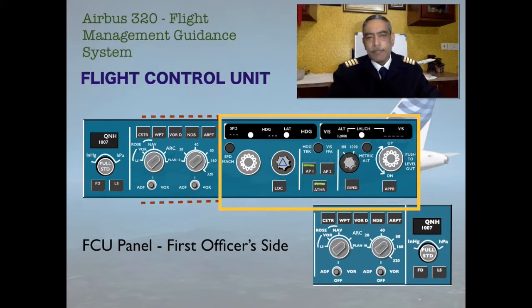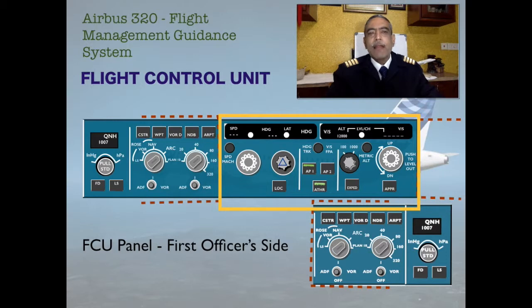However, I want to draw your attention to the left side and the right side possibility, one for the captain side and one for the first officer side. These two are very similar in nature, and they provide the possibility of configuring different windows, different displays, for the respective stations.